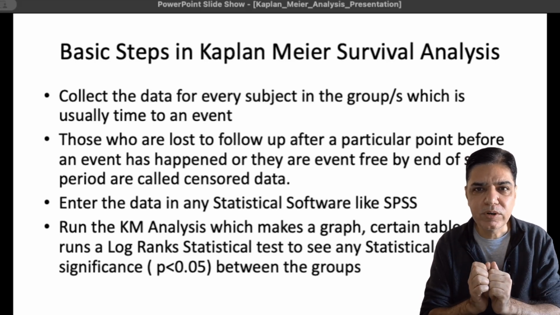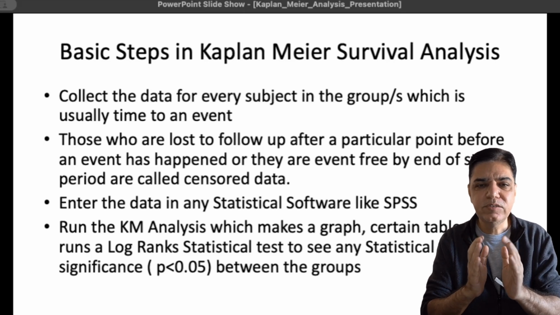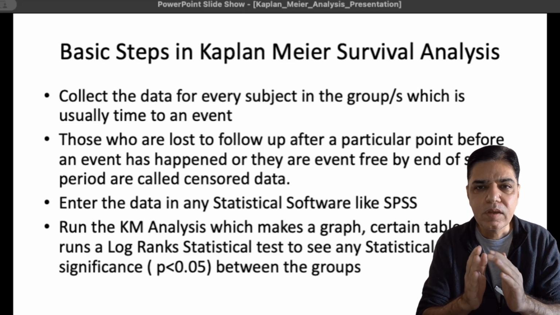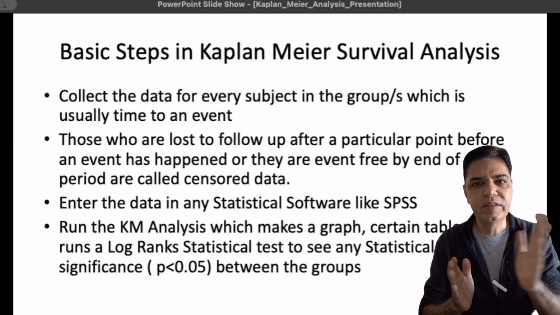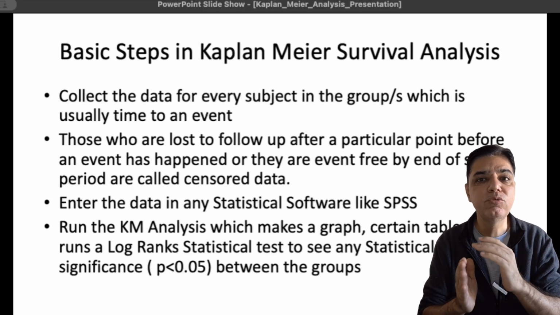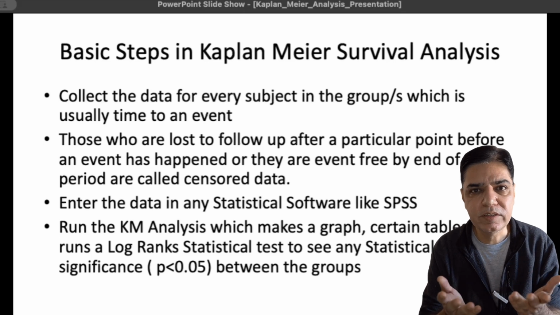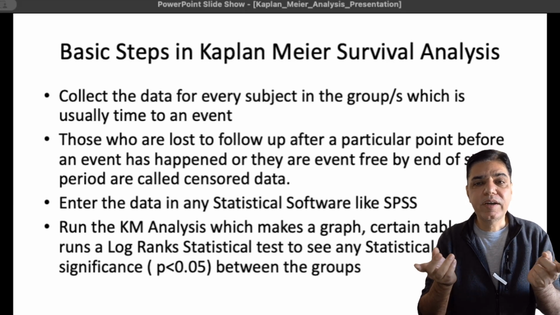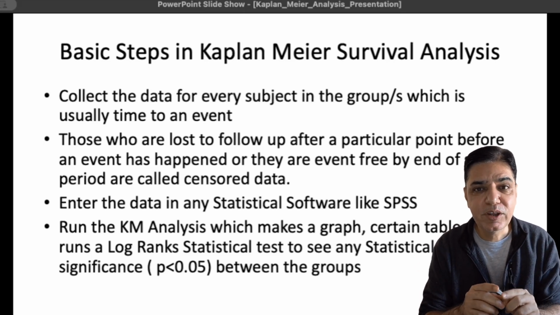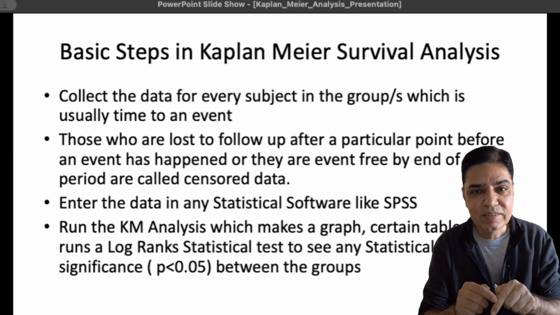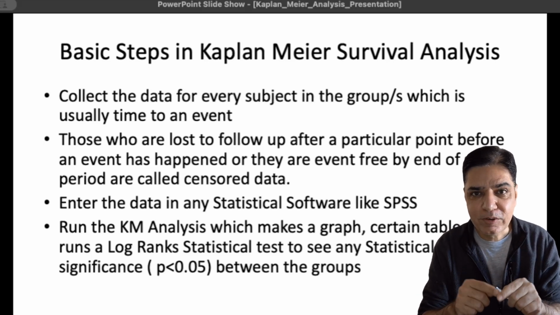Now, why is this important? In many statistical analyses, people who do not come back to us in the studies, we usually omit their data. We just throw out their data. We do not take their data into account because we don't know anything about that. But when we are running the Kaplan Meier statistical method, we include these people, despite the fact that we don't know about them.